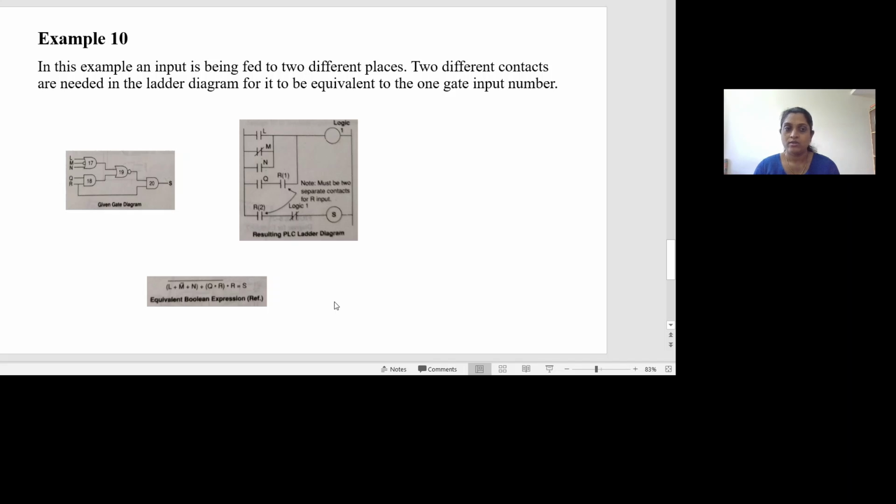These problems were taken mainly because you need to know what the equivalents are for an AND gate, OR gate, or a NOT gate. These were very simple problems which involved only the gate conversions.